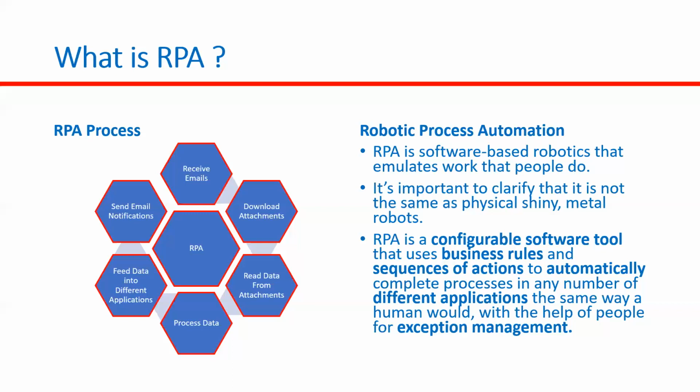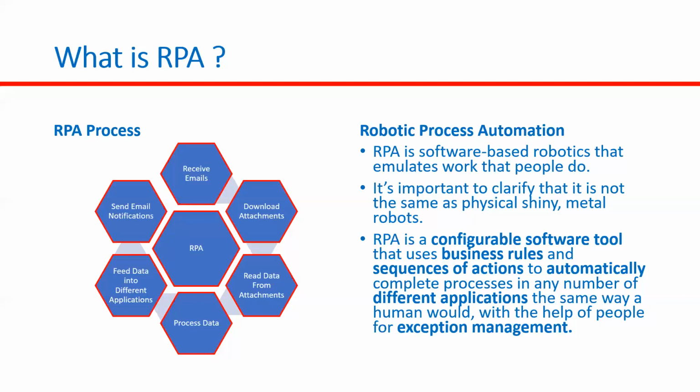But if we use RPA automation, we need not verify everything manually. The bot we develop takes care of all this validation and sending email, all that. The bot takes care of it.